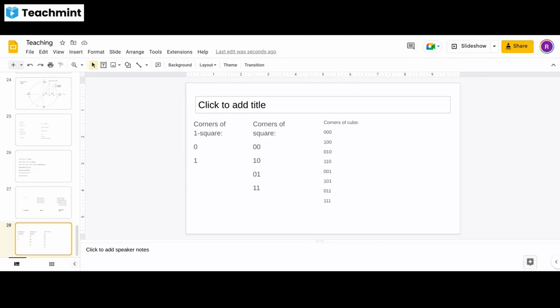So how many corners will there be in a 4-dimensional cube? Anyone? How many corners will there be in a 4-dimensional cube? Can anyone guess? Now we cannot imagine a 4-dimensional cube, but can we write down the corners of the 4-dimensional cube?